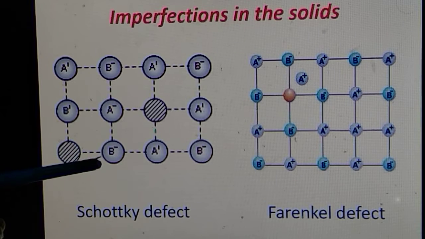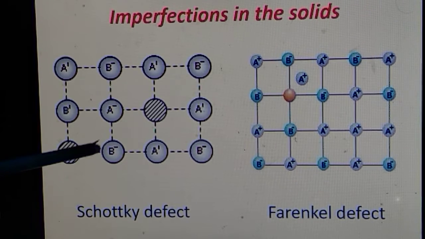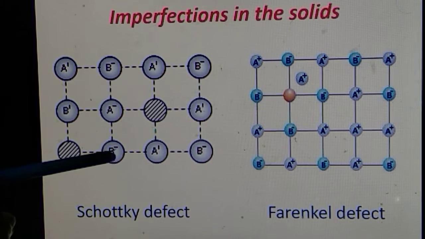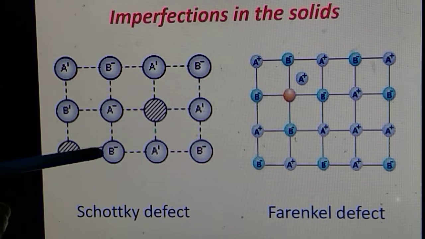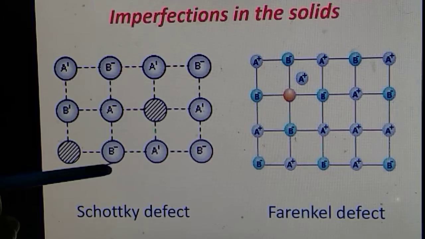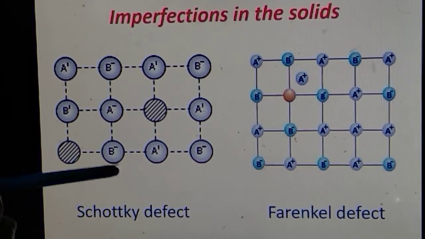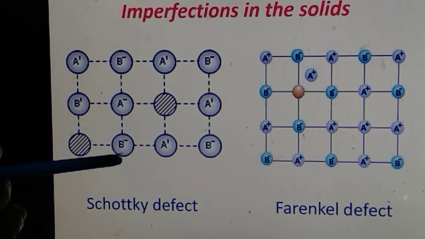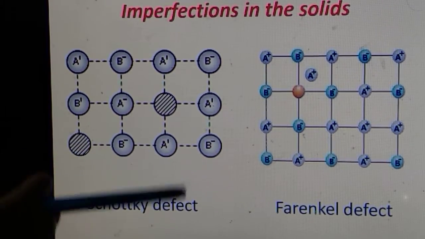And line defect means the irregularities or deviations from ideal arrangement in entire rows.